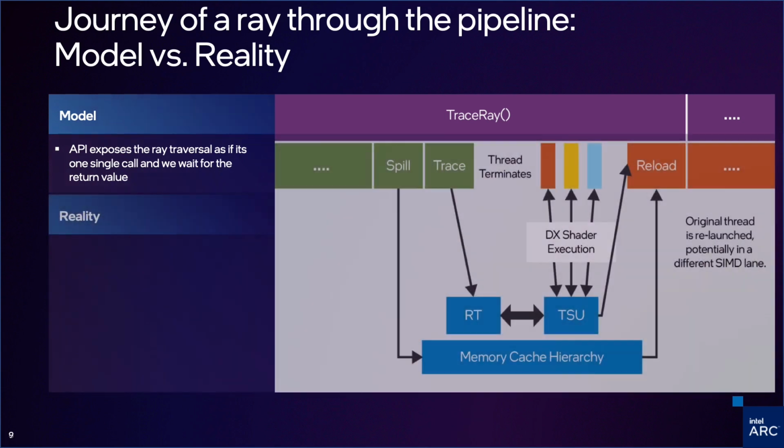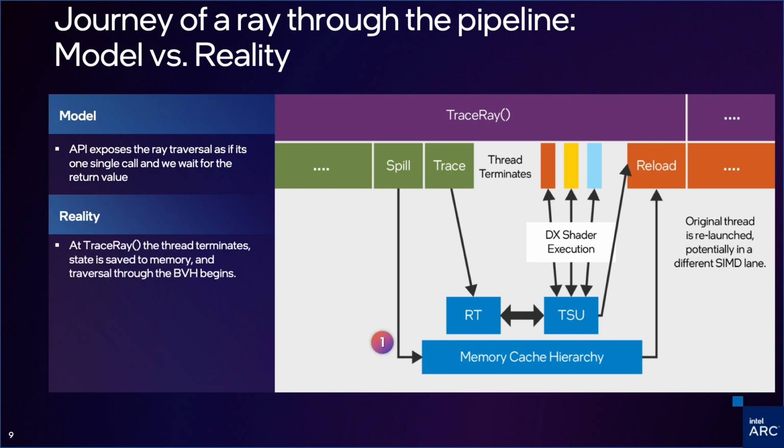What happens in reality is a few different stages, and this is a better visual of what happens. So when we see a trace ray call, we actually want to save the state of the current shader, and then we're going to load that back into memory later after trace ray is finished. So at trace ray, we're going to store all of the state in the shader off into memory.